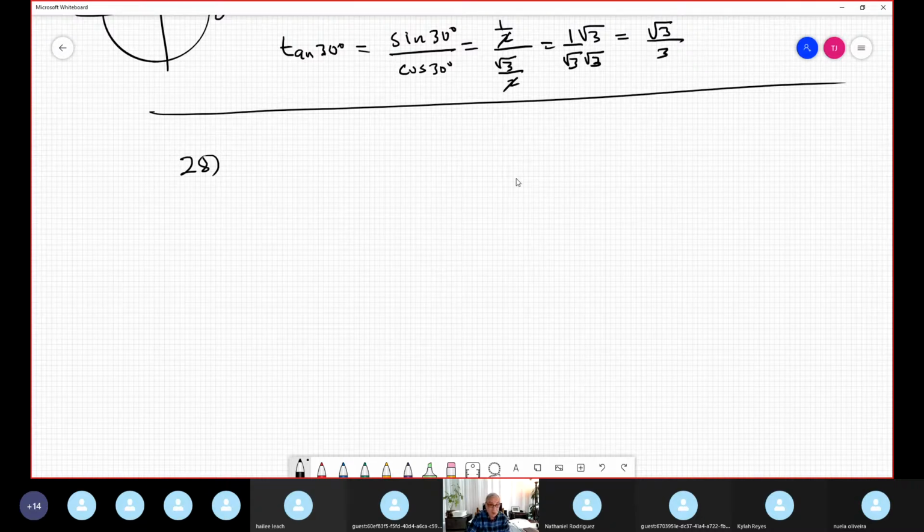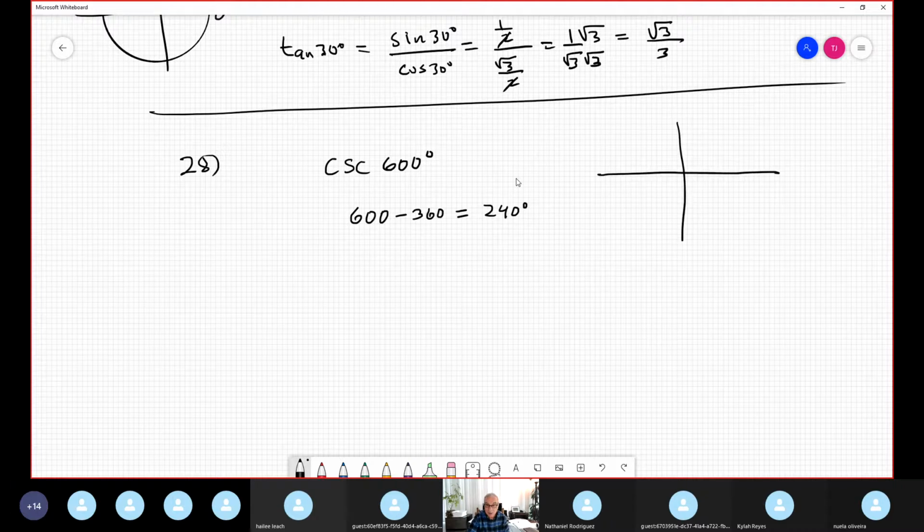Okay, 28 is cosecant 600 degrees. I need to investigate 600 degrees. Well, you divide by 360, or in this case, I did it differently. I subtract 360. There is 240. Oh, nice. And 240 lies in the third quadrant.